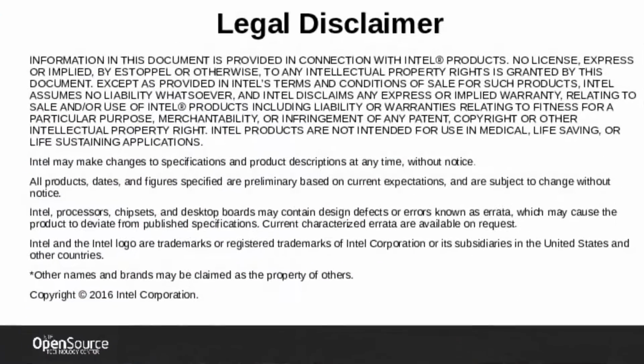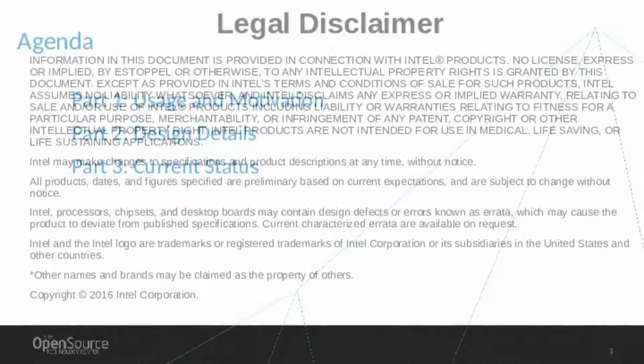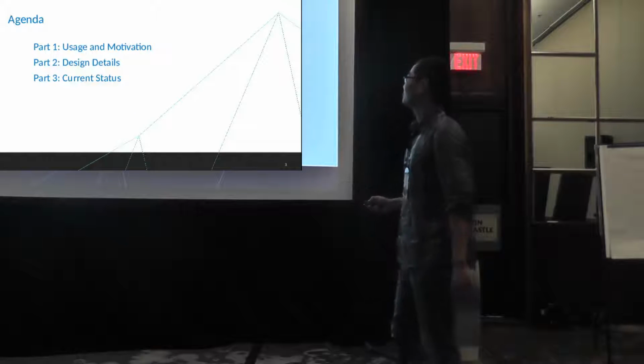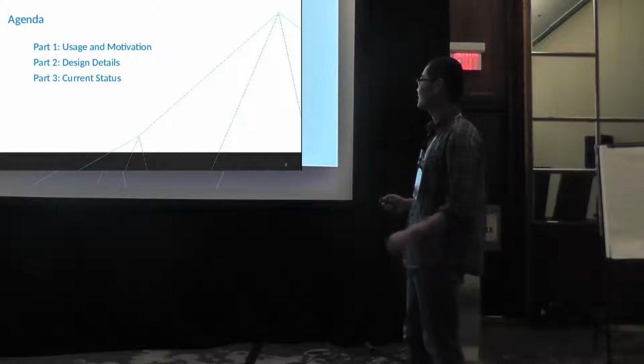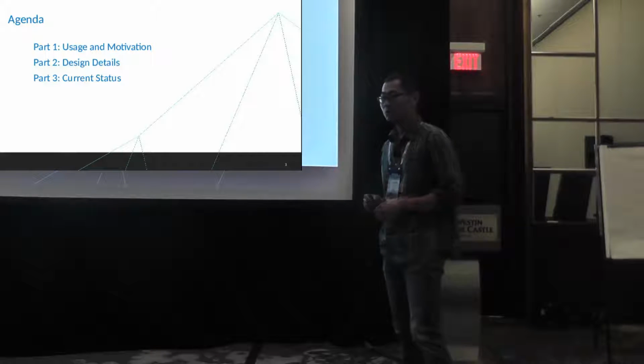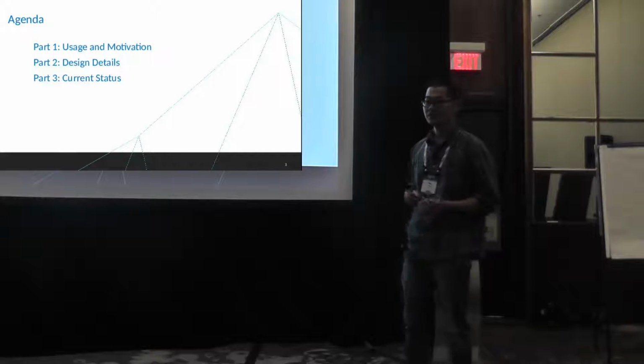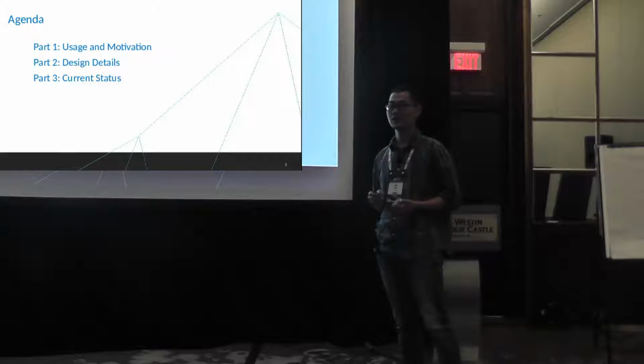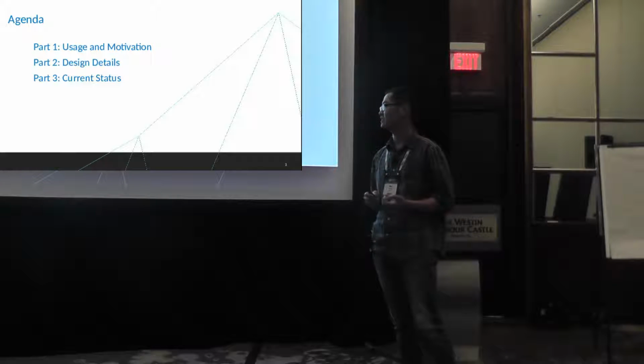So let's first have a look at the agenda of today's presentation. Part one is about the usage and the motivation. Network function virtualization, NFV, is a use case which relies on a high-performance inter-VM communication scheme.